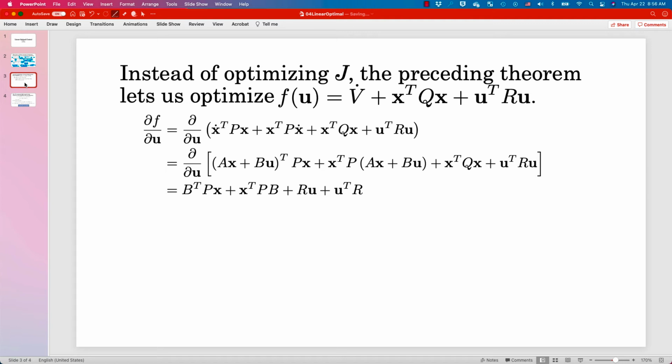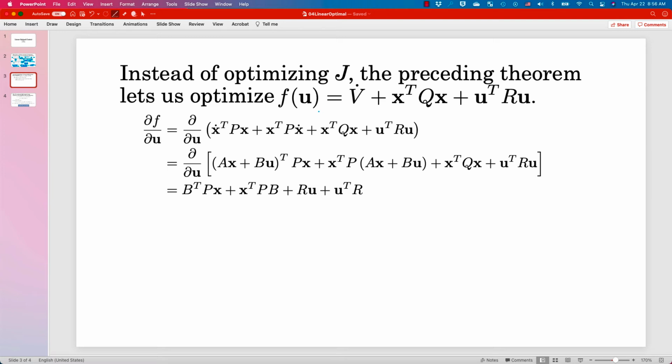And so that's the utility of that theorem, is that instead of trying to minimize the j, which is an integral over all time, we can instead minimize this expression, which I'm just going to call f of u for no particular reason. Because we've just shown that if u minimizes this f function, then u minimizes the cost function, the j function, which is what we're actually after. Okay, so this is kind of an equivalent workaround.